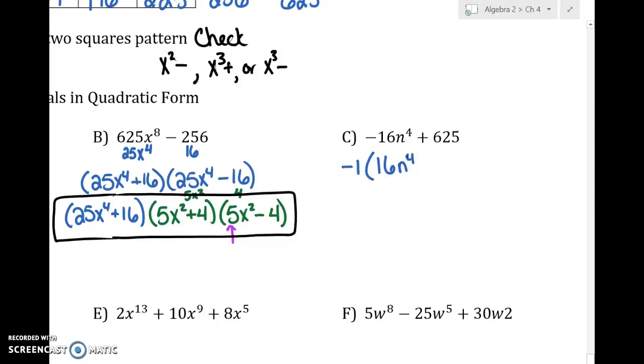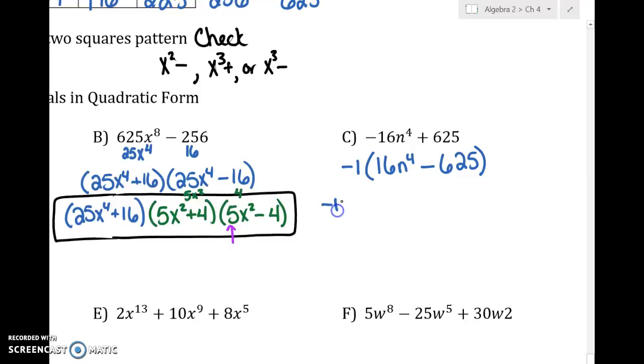And positive 625 divided by negative 1 is negative 625. And now the binomial in the parentheses looks like something that we can factor. So on your own, please try to factor 16 n to the fourth minus 625 and think about if you can factor it more after that.